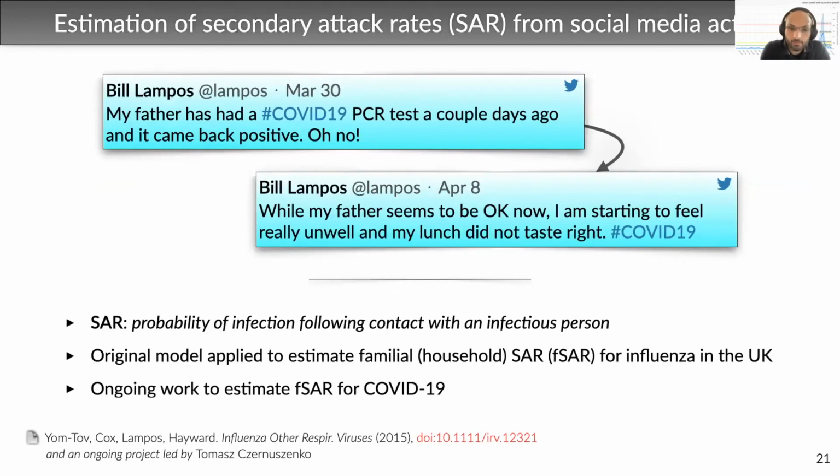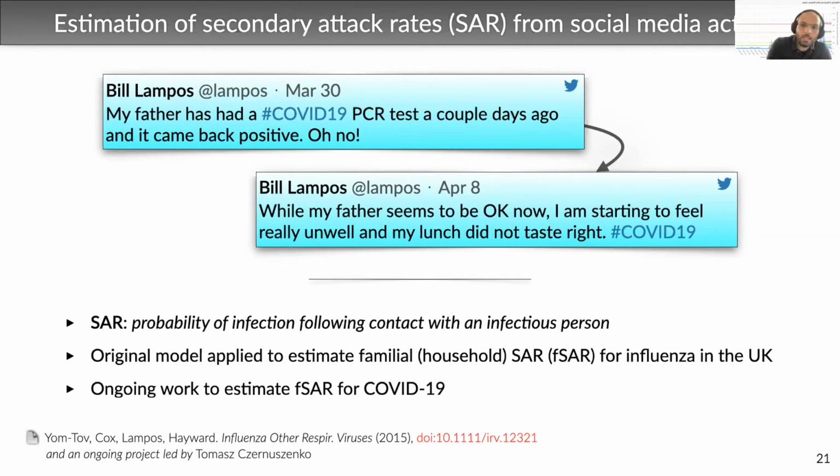In another project, we used Twitter data to estimate the secondary attack rate, or SAR, of flu. SAR is the probability of infection following contact with an infectious person. Now, this is an important property that can inform epidemiological models. We estimate that by identifying relevant sequences of tweets.